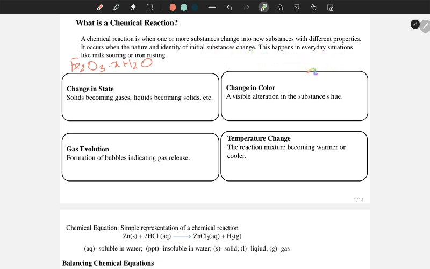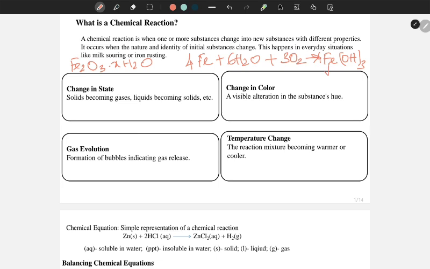First it gets converted to ferric hydroxide. Okay, wait. So iron plus water plus air. First it gets converted to ferric hydroxide. Okay.